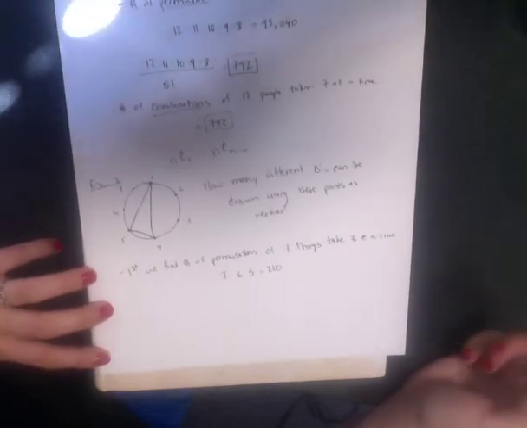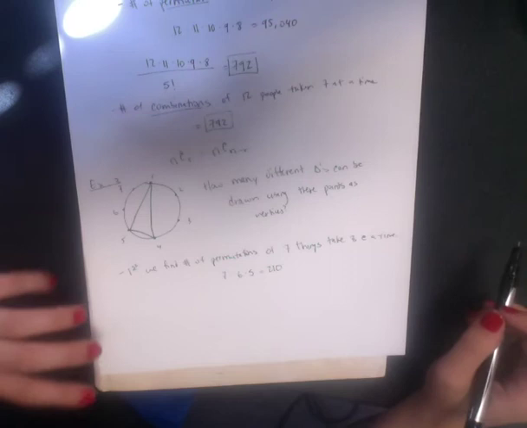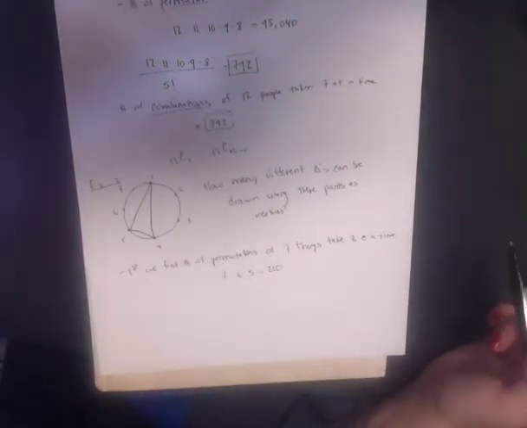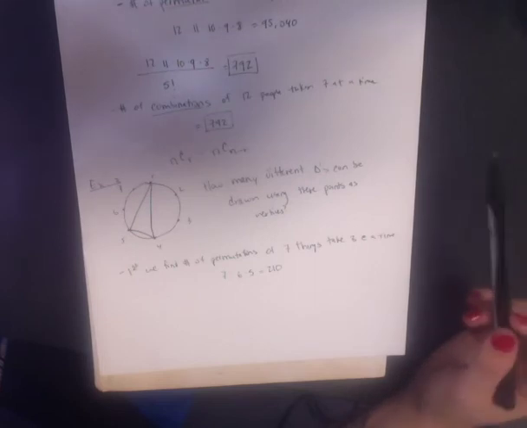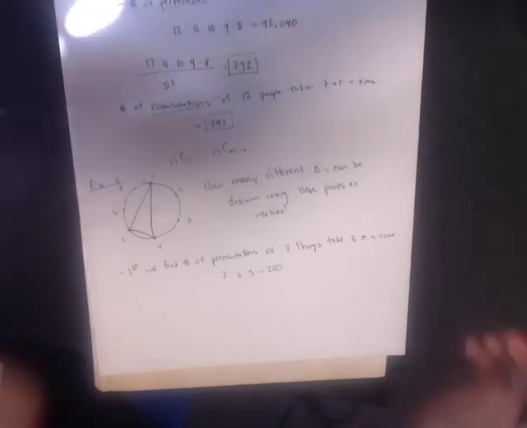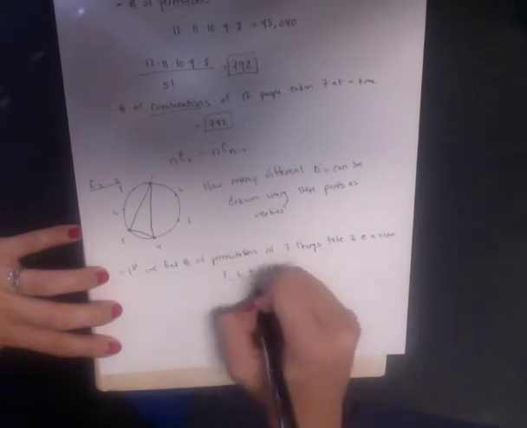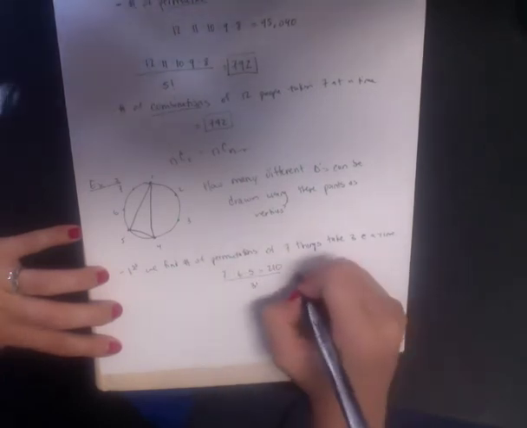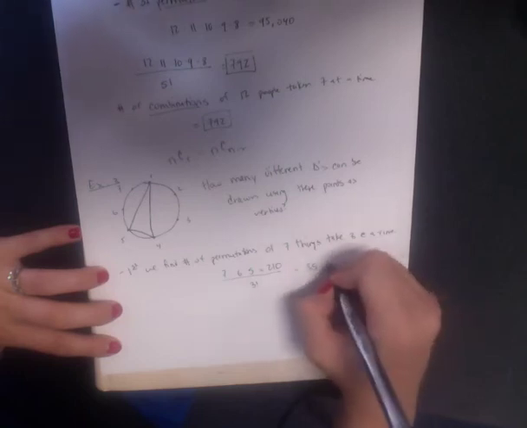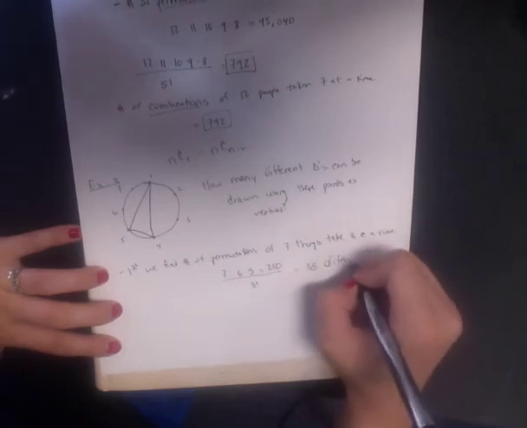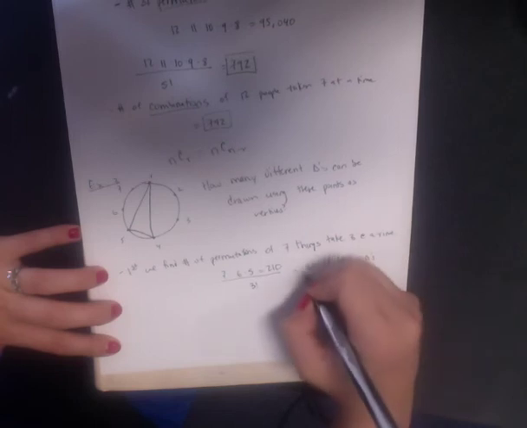Okay, now every time the same 3 points are used on the circle, it gives us the same triangle results. So the order of the points is not a factor. So all we do is we take this and we divide it by 3 factorial, and this gives us 35 different triangles.